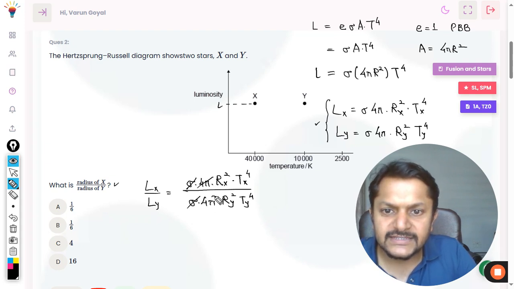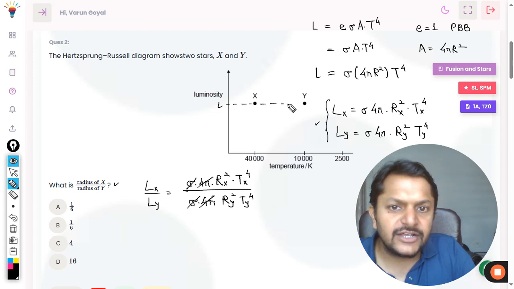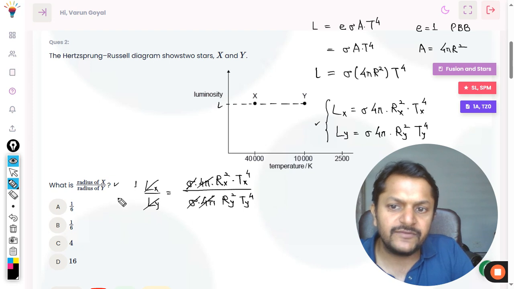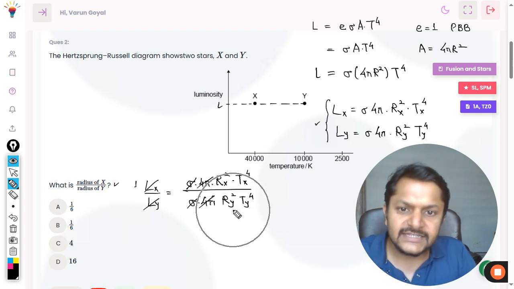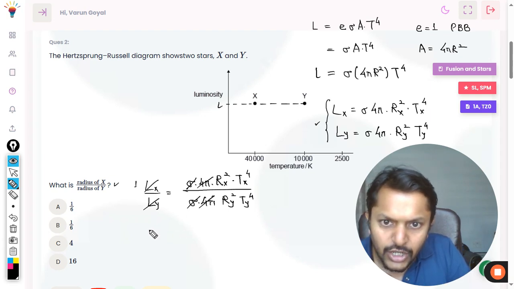So these things are now cancelled, and the luminosity is taken to be the same for both of the stars. So this and this can also cancel each other. It will be 1.